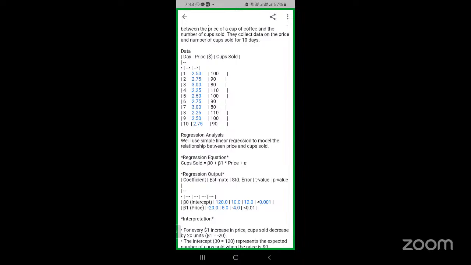Now you have noted that when the price is 2.5, the cups sold is 100. And when it has crossed the limit, then the cups sold is reduced.